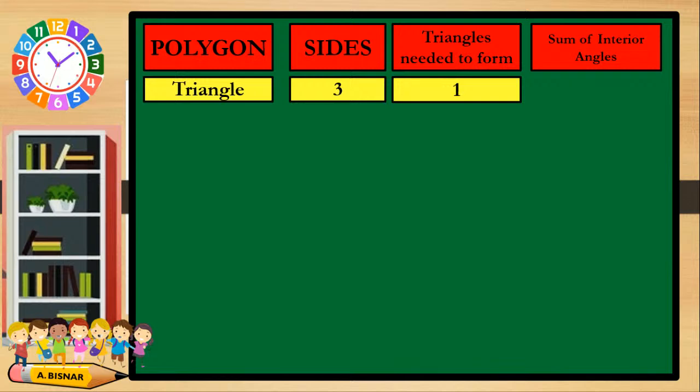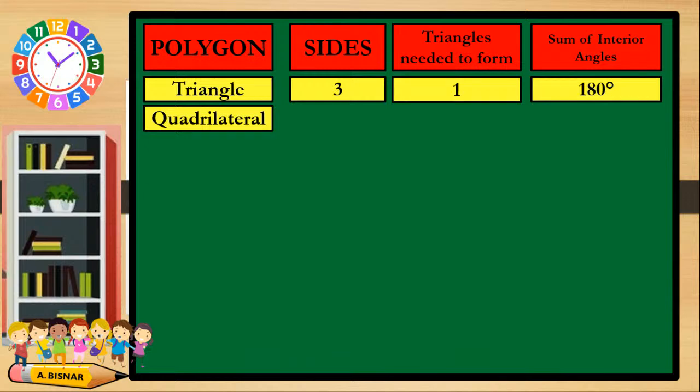What is the sum? Hello? Okay, the sum of interior angles of a triangle is 180 degrees. Yung kanina to. How about with quadrilateral?